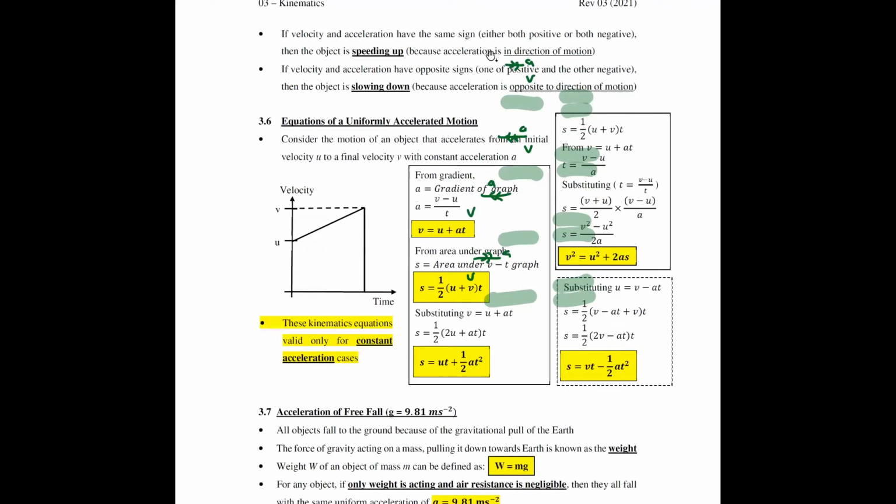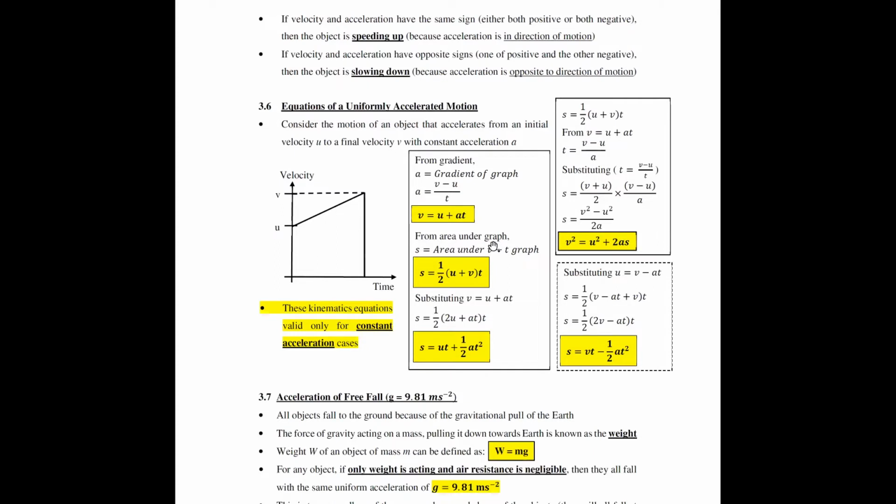Okay, then we go to equations of uniformly accelerated motion. This is what you learn as your SUVAT equations, or some people call it the kinematics equations. Now, there will be four main equations that you will need to know for this chapter. That one is your kinematics equation, and you need to know how to derive them.